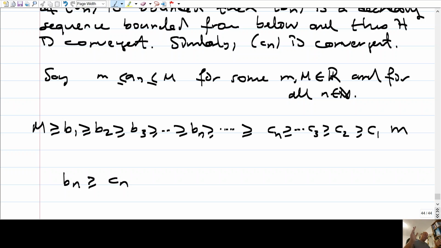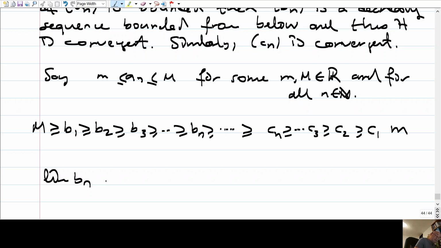Cn is increasing, Bn is decreasing, and they are getting closer to each other, and both limits exist, right? The limit of Bn, of course, exists because it is decreasing and bounded from below.